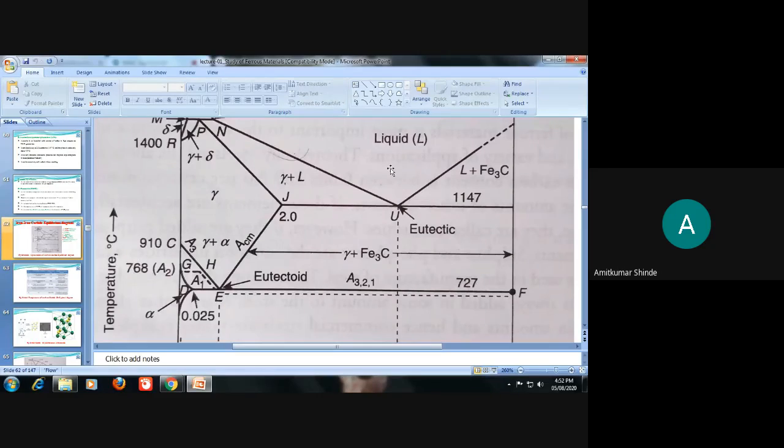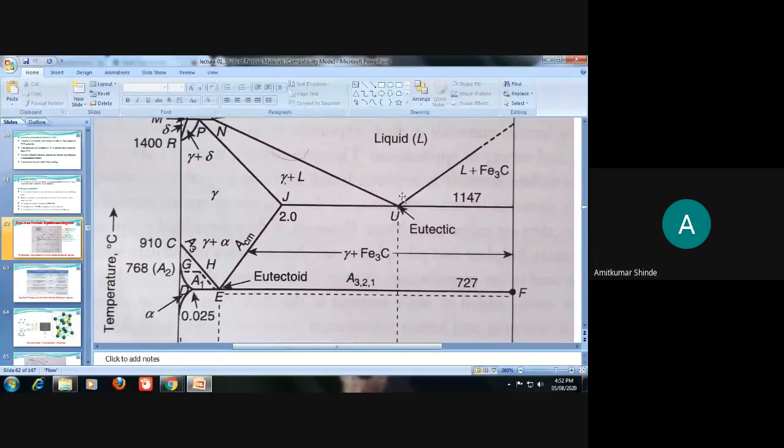This is related to the types of the white cast irons, and generally these are all white cast irons because of the presence of cementite. This Fe3C is nothing but the cementite phase. So these white cast irons are classified in three types depending on the percentage of carbon.